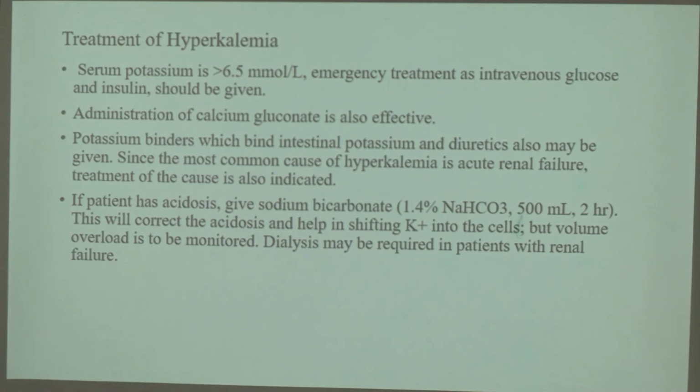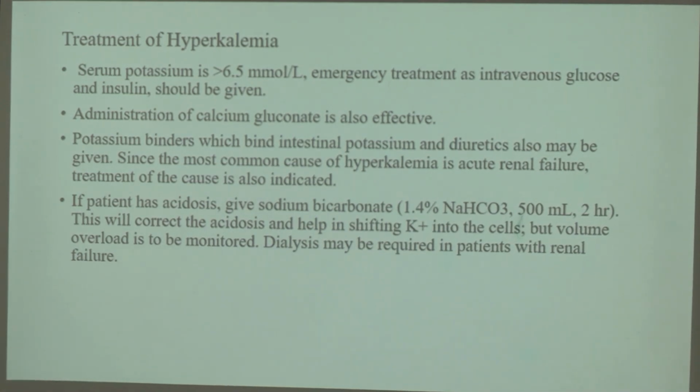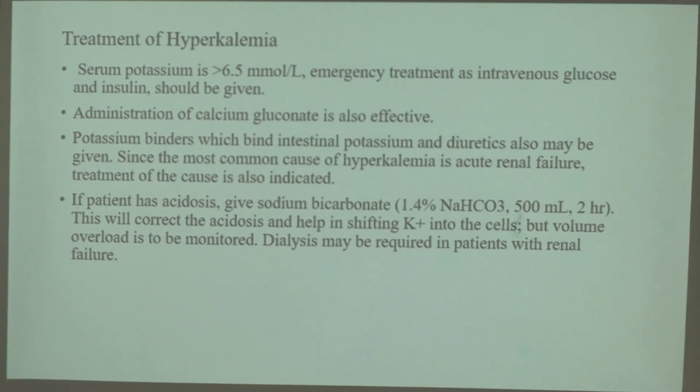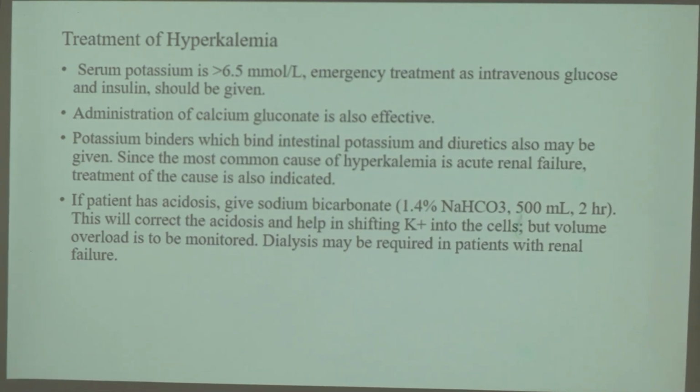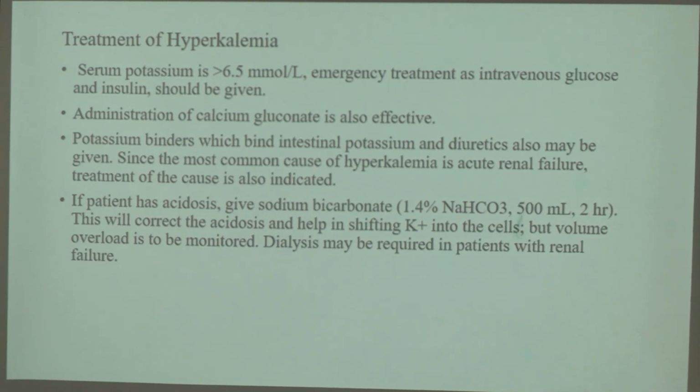Treatment of hyperkalemia. As I told earlier, insulin pushes potassium inside the cell, so you start dextrose with insulin infusion. Next, you can use sodium bicarbonate or calcium gluconate therapy.